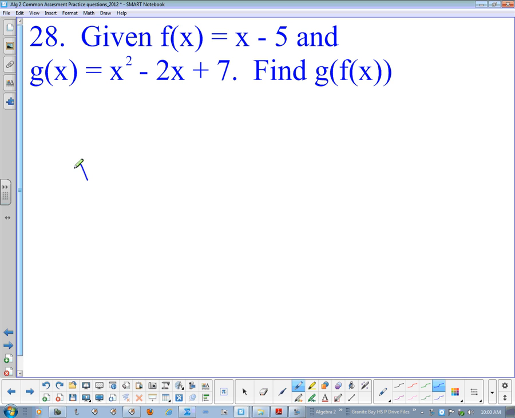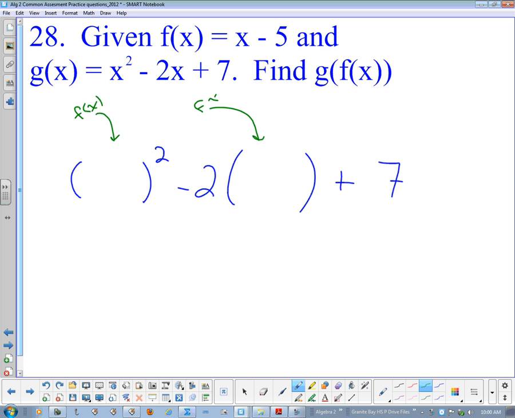So we have parentheses squared minus 2 times parentheses plus 7. Now keep in mind what we're going to do here. We're going to put f of x inside there. So what's going to go inside here? X minus 5. This is the entire g of f of x.